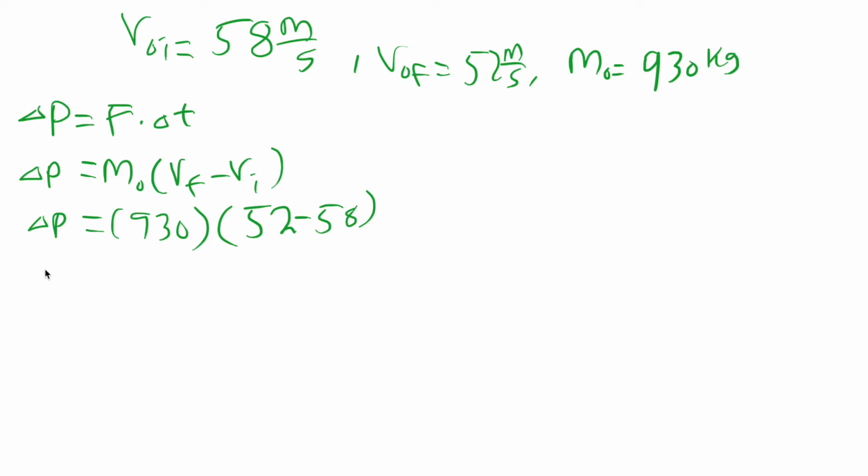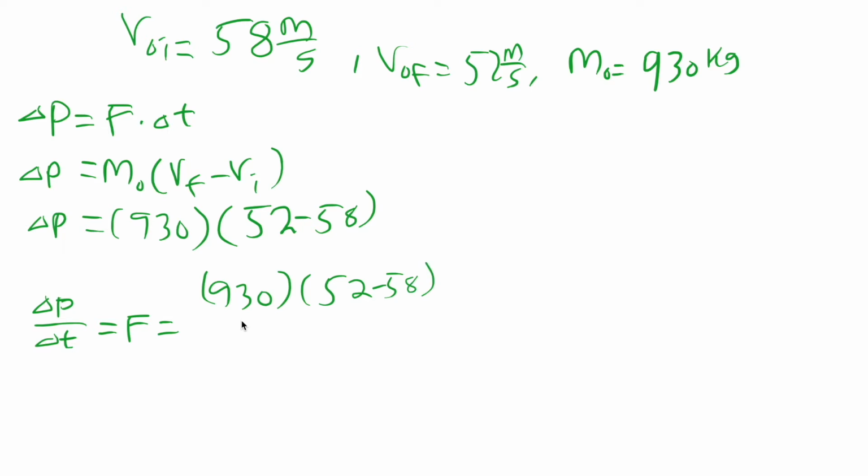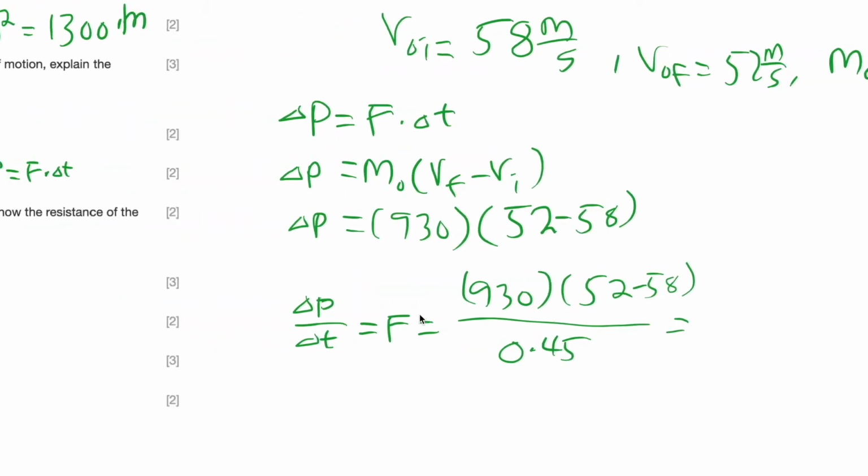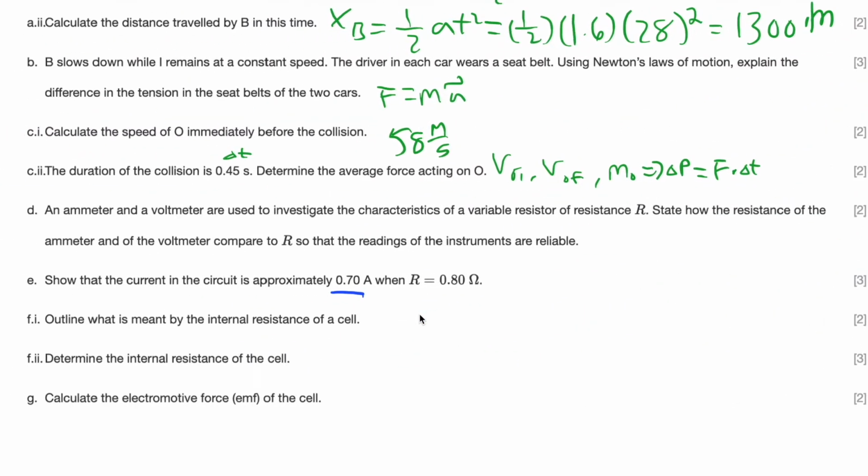And because we want to find the force, we know that delta P, so change in momentum over change in time, is going to be equal to force. And the time given by the question is 0.45 seconds. Right.